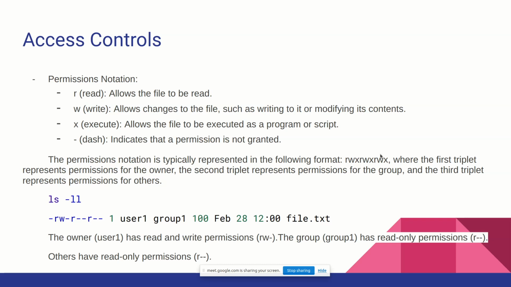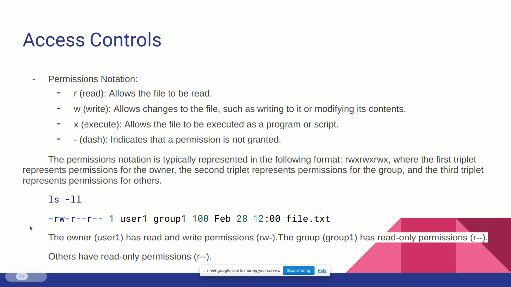The first triplet is for the owner of the file, that means the user. The second triplet represents the permissions for the group, and the third triplet represents the permissions for others. There is also one character that indicates a directory.